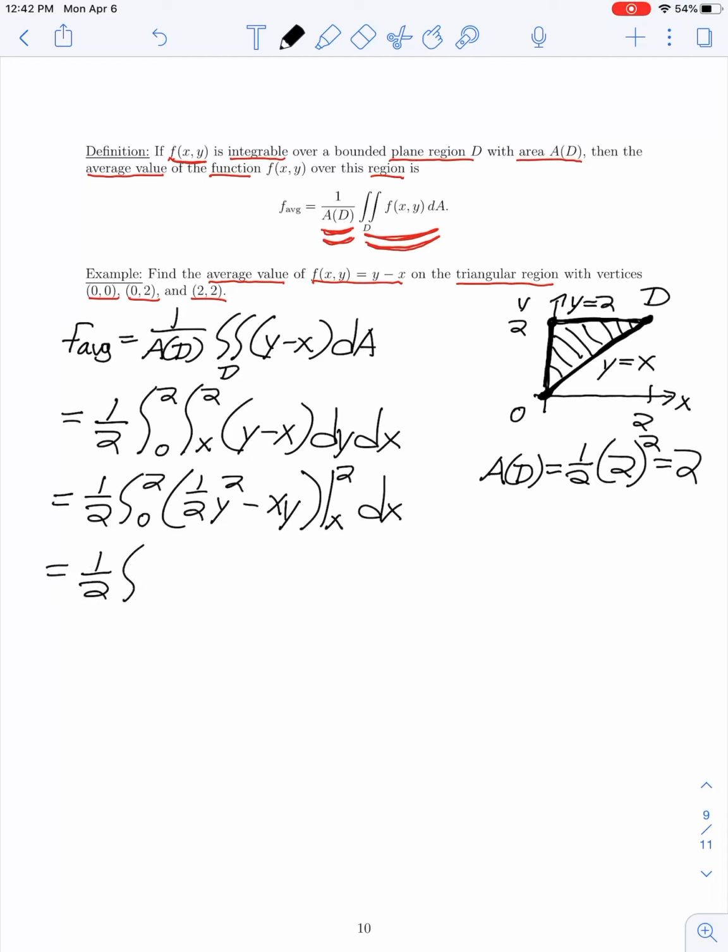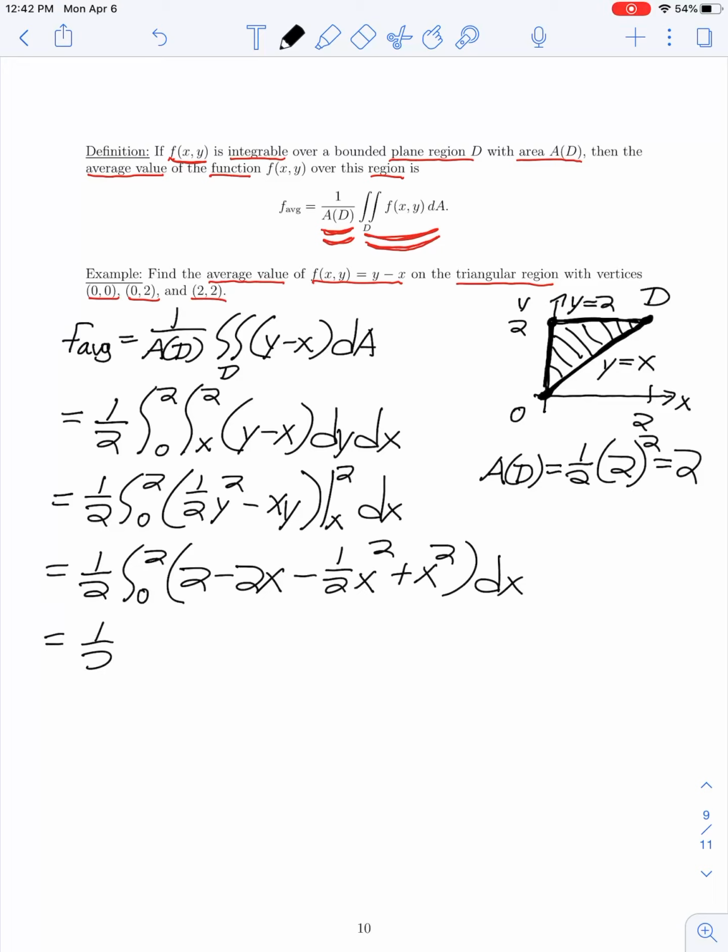So we have 1/2 the integral from 0 to 2 of 4 over 2, or 2, minus 2x, and then we subtract what we get when we plug in x in place of y, which would be 1/2 x squared, and then minus a negative, so plus x squared, integrated with respect to x.